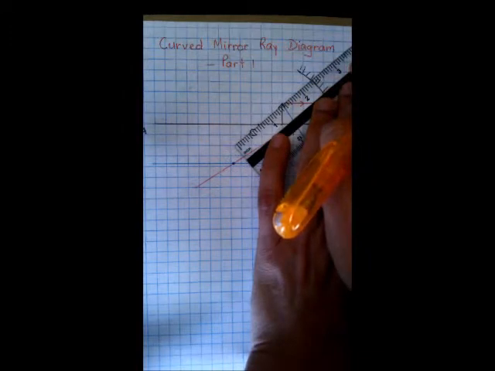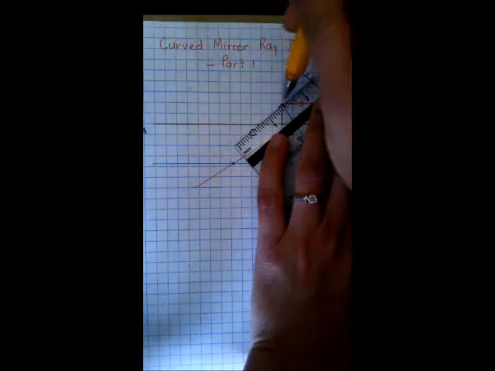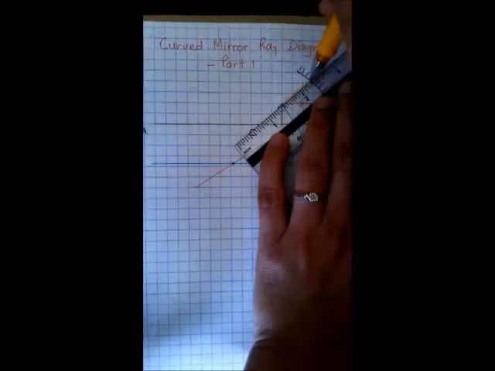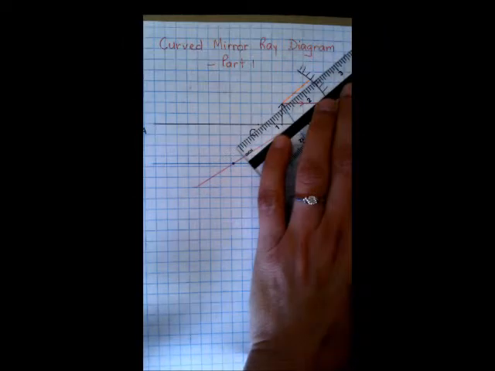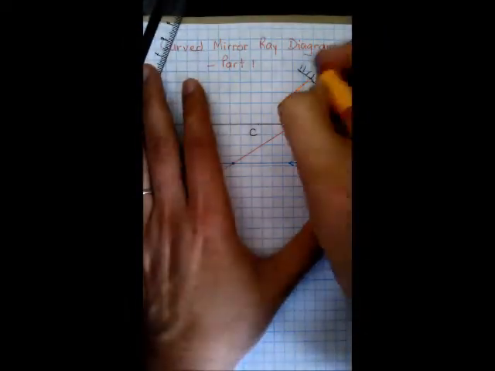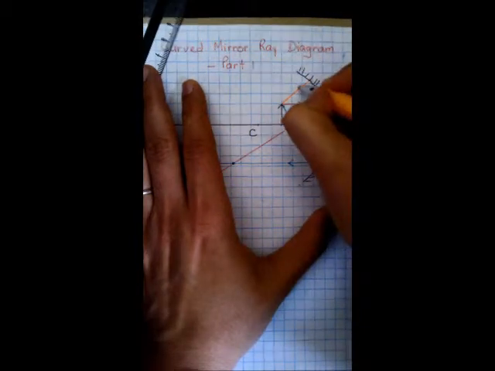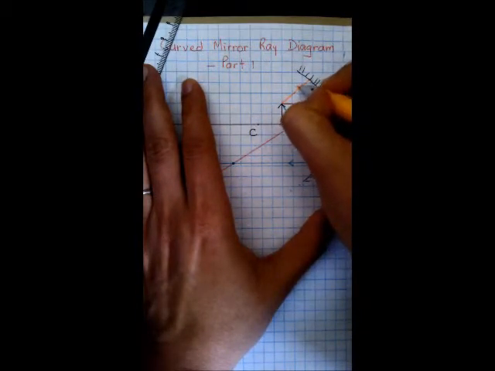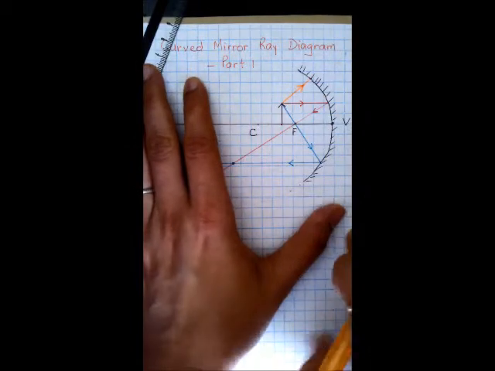So this is my third ray. The third incident ray going towards the mirror. So draw the arrow going towards the mirror.